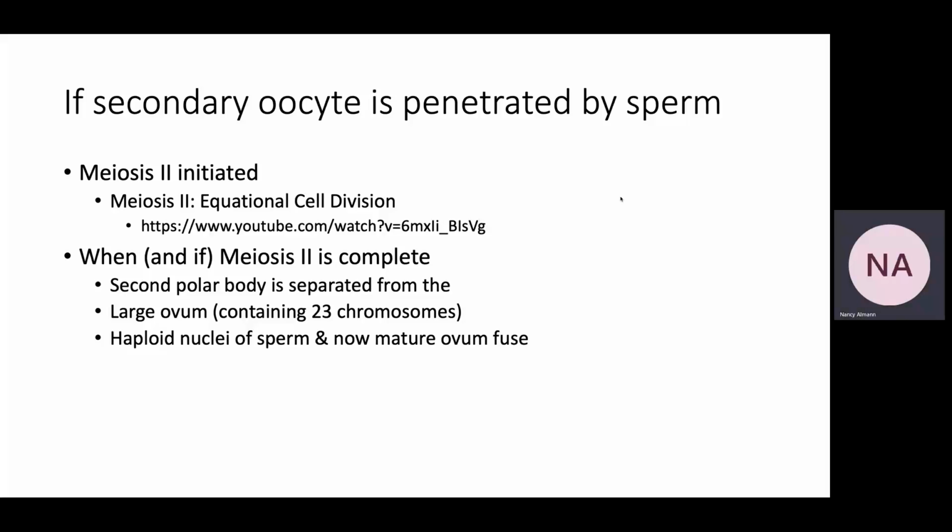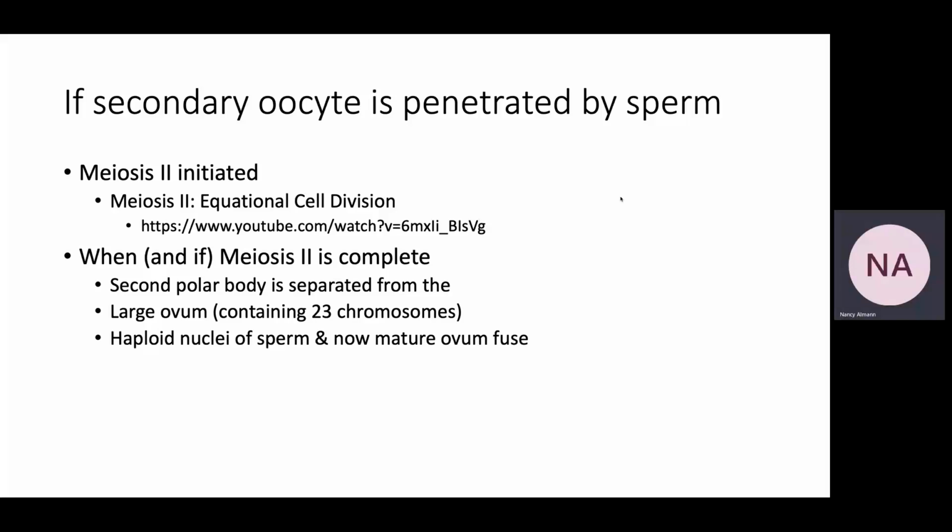When, and actually if, meiosis 2 gets completed, you have a second polar body that is separated off from a large ovum, which contains 23 chromosomes. Sperm is haploid, and the ovum is haploid, and that creates a diploid structure containing 23 pairs of chromosomes.